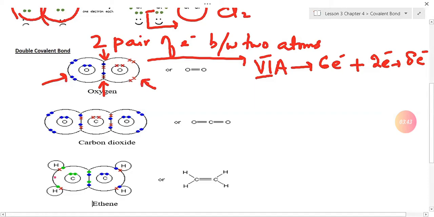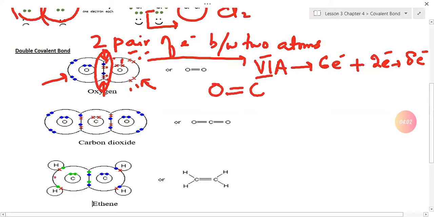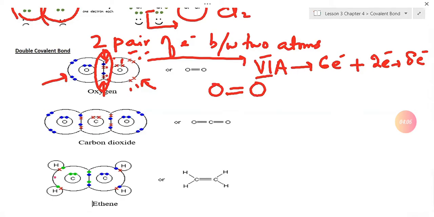Yes, you can go and count for both the oxygen atoms, the octet of each oxygen has been completed. You can count 1 2 3 4 5 6 7 8 for the right side oxygen and on the left side as well. Both are held together by a double covalent bond shown by 2 straight lines between the oxygen atoms.